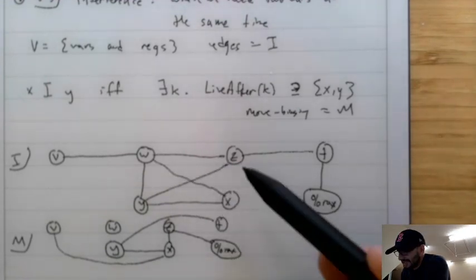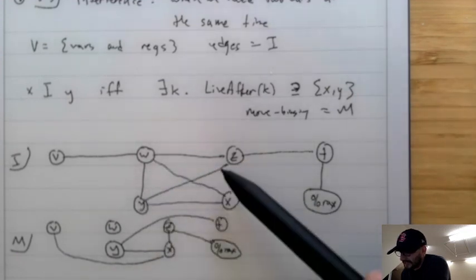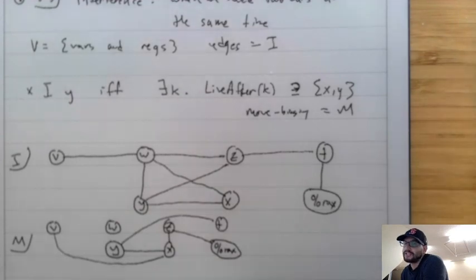And then we can assign a register to a variable as long as the things that it's connected to are not already assigned to that register.